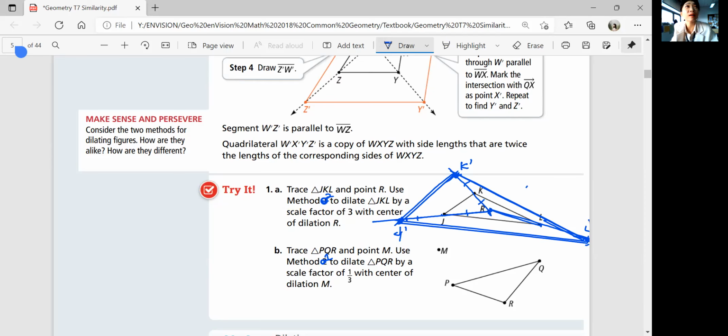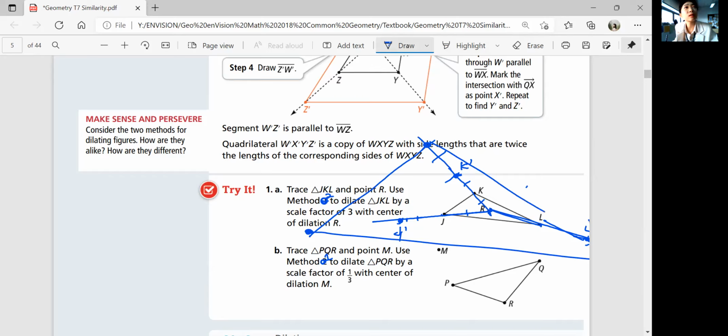Oh, it's by a factor of 3. I'm so sorry, this is by a factor of 2. So you need to multiply by 3. So then you have to do another length over here, another length over here, another length way down there. So it's going to go across, like out of our paper. If you have a separate piece of paper, you can trace it and draw it.